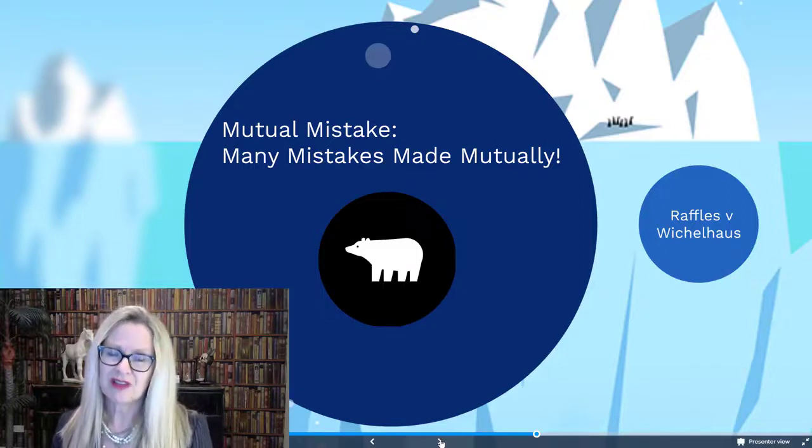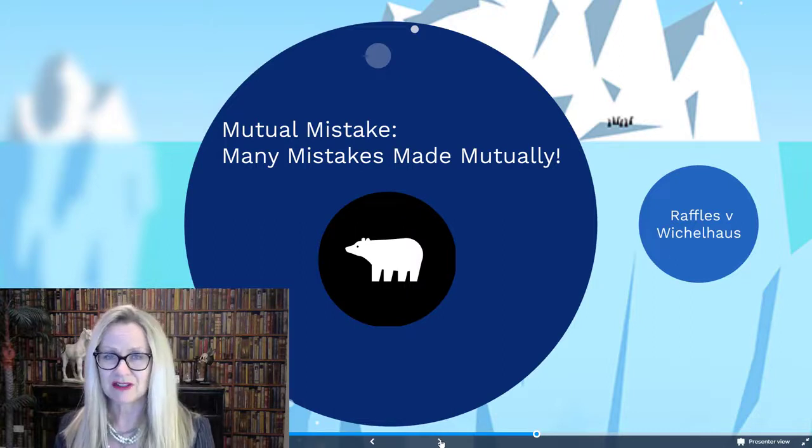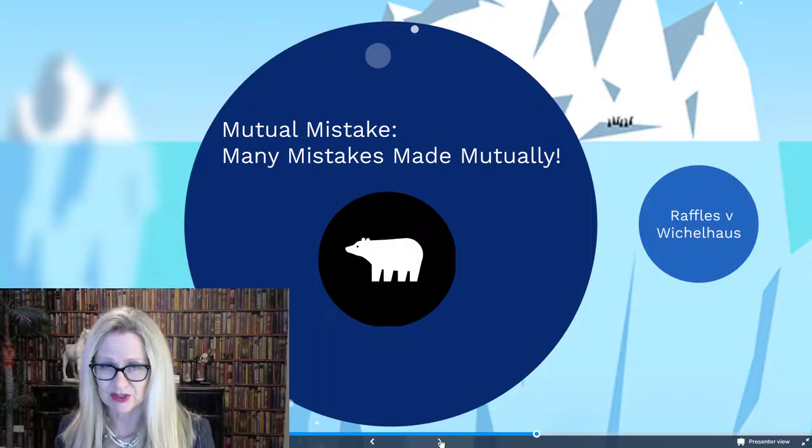The unfortunate thing about the case law here is that a lot of it's older case law, and unfortunately a lot of the judges are not precise with their technical legal terms of art, and they start calling mutual mistakes common mistakes. Sometimes you'll read cases of common mistake and they use the term mutual mistake, which is then really confusing and easy for law students to make a mistake when they're talking about terms of art.